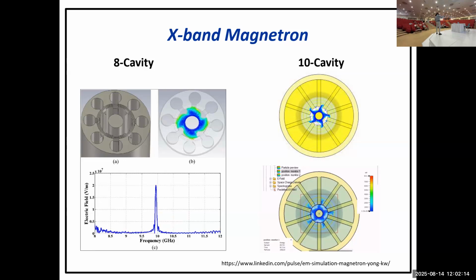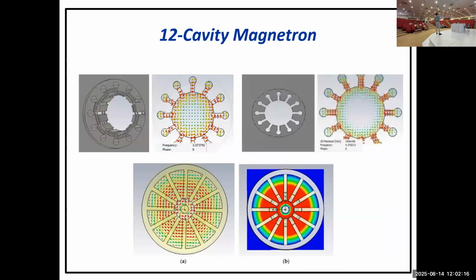This is very nice, showing the direction of the RF electric field. It is 180 degrees from cavity to cavity. Again here, this is 180 degrees.